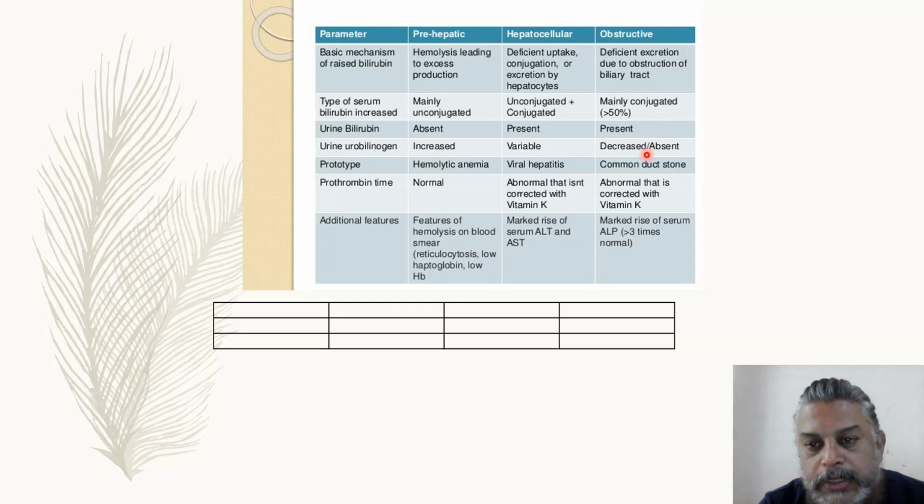The most common causes are common duct stone or any malignant stricture. There is vitamin K deficiency because of its poor absorption. If we give vitamin K, then the prothrombin time would become normal. Here the ALT is usually higher compared to AST.